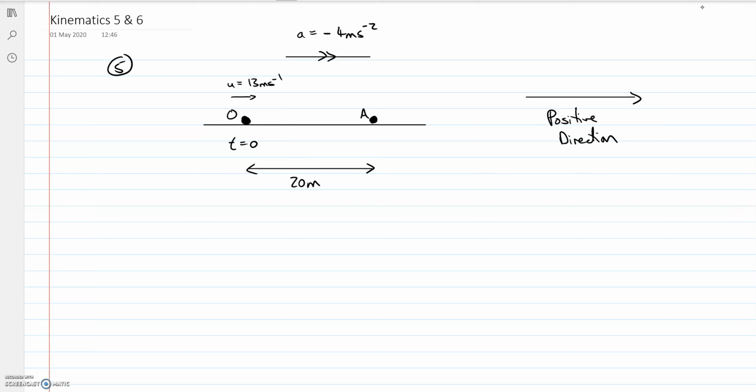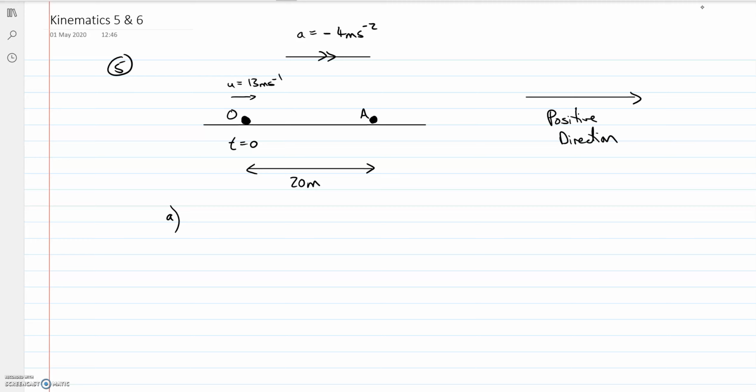I'm not going to call that S, I'm not going to call it a displacement, because it's just a distance for now. So find the times when the particle passes through A. Okay, so if we treat O as the initial point, then A is 20 meters away, so it's at A when the displacement of the particle is 20.